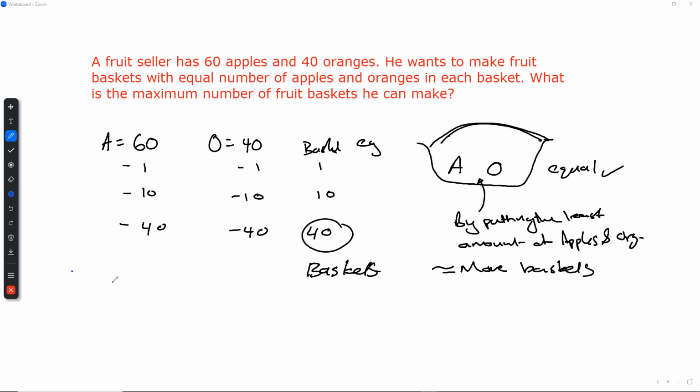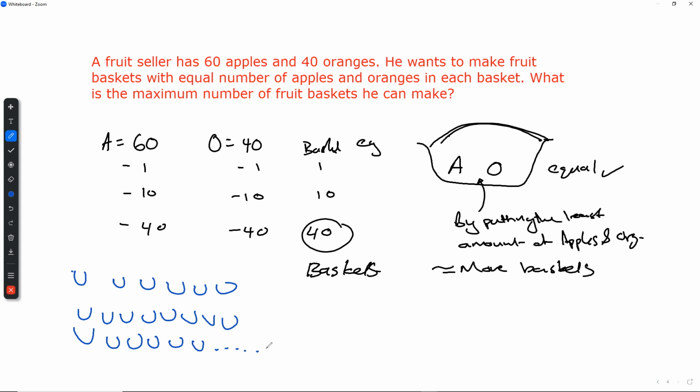Why? I got 1, 2, 3, 4, 5, all the way until 40. Then, basically, for 40 baskets, in each one I will have an apple and an orange. Which means I will use all of these 40 apples and 40 oranges.